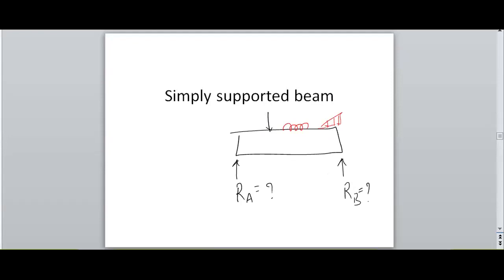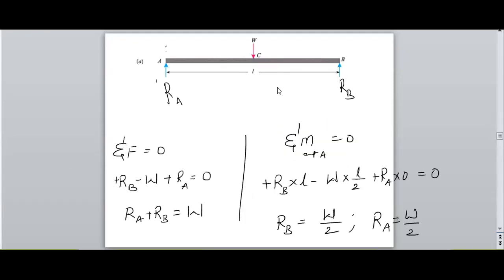The first problem is a simply supported beam with a point load at the center.